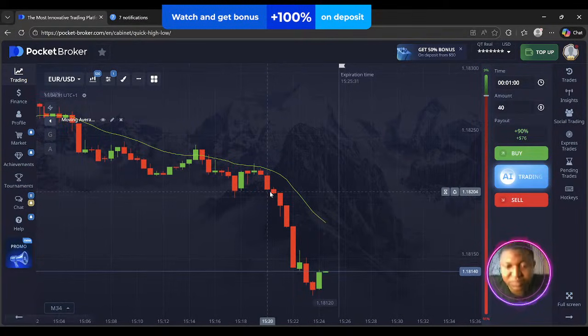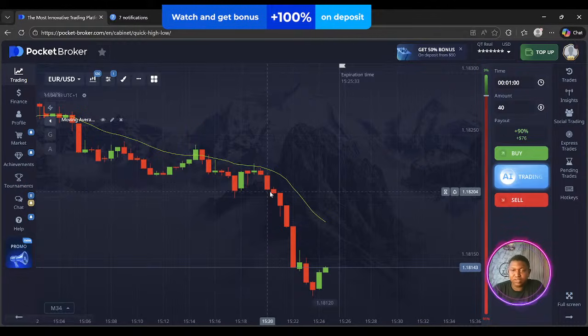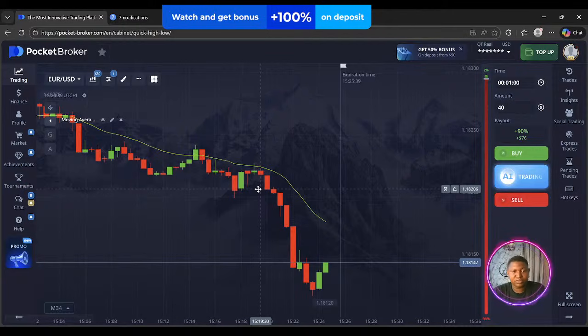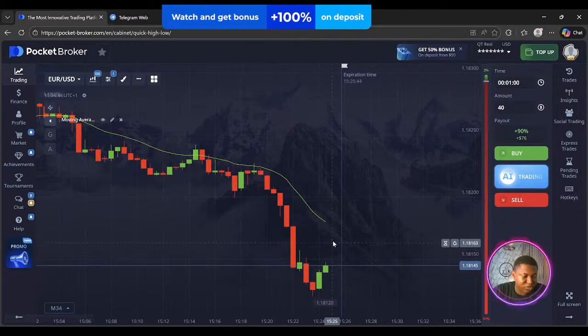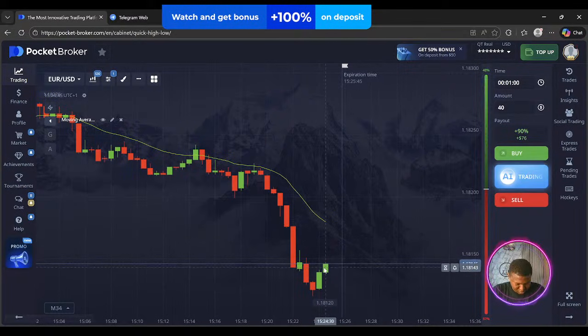If it closes green, it means the market might be coming up. But let's wait, let's not rush. We're in the 30-second time frame, remember? So let's not rush. Let's wait for it.